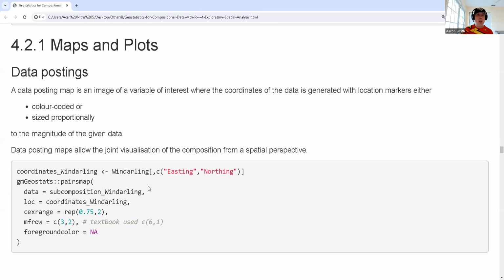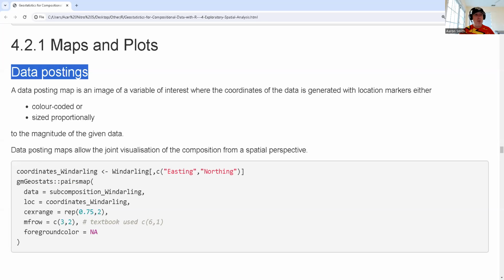Okay, so now let's look at maps and plots. The first type of map we're going to look at is data posting. A data posting map is an image of a variable of interest where the coordinates of the data are marked with a location marker, either color coded or sized proportionally. The magnitude of the variable observation that is of interest for that one map determines either the color or the size or possibly both.